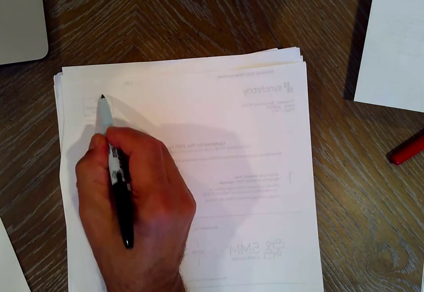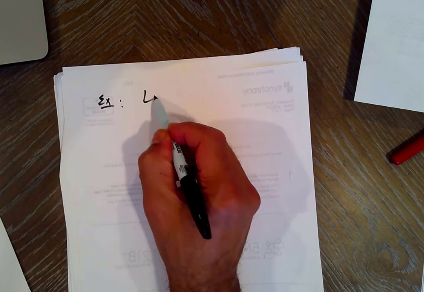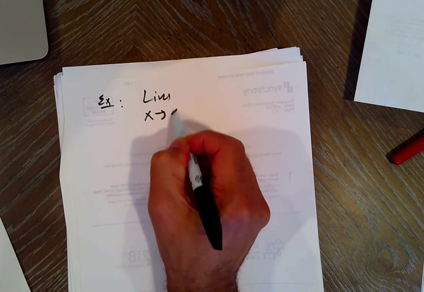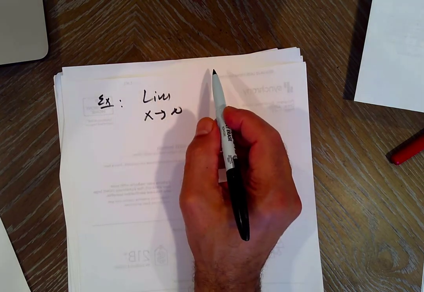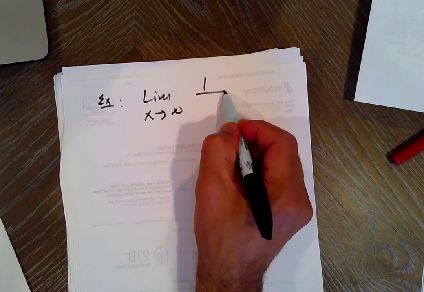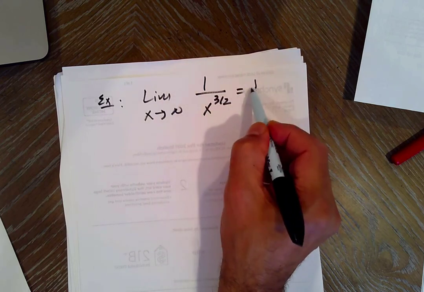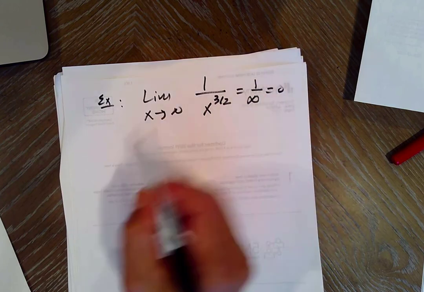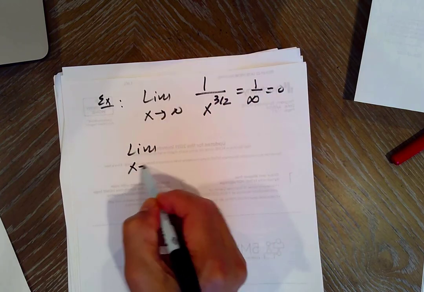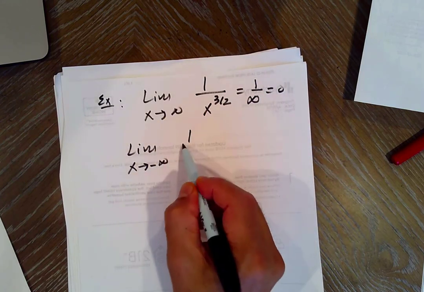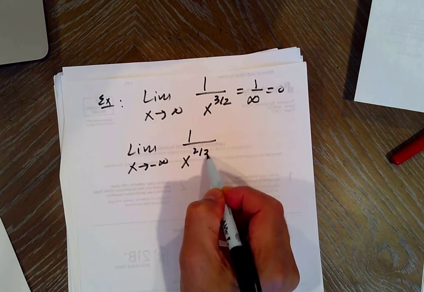So for example, what is the limit as x goes to infinity of 1 over x to the 3/2? Well, this is like 1 over infinity, which is 0. What's the limit as x goes to negative infinity of 1 over x to the 2/3?